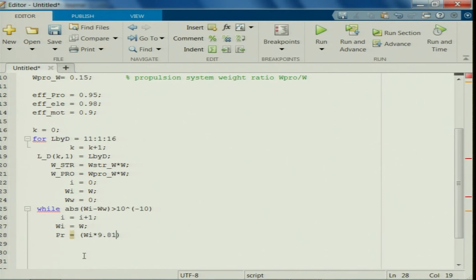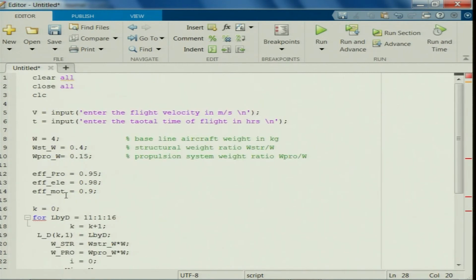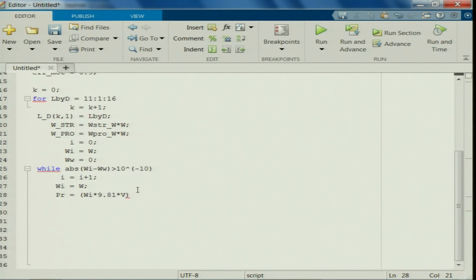So, this is W times g, weight in newtons, and then velocity of flight, which is input from here. So, that is V upon L by D, right. This is my L by D. Okay. So, now I got power required.